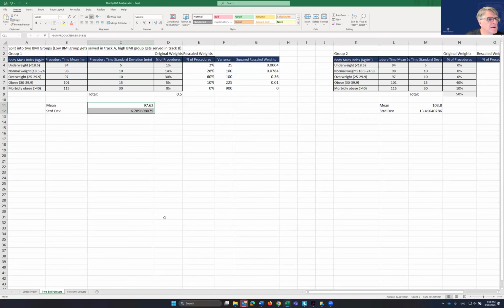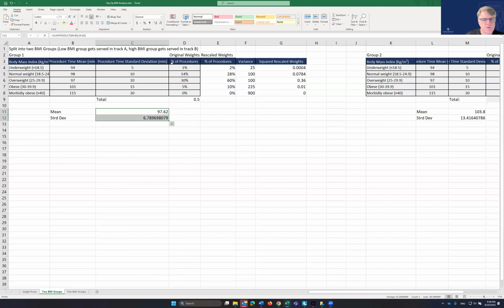analyzed here as well. So the idea is this: if I were to take 50% of the patient count, starting from underweight, going up to normal weight, you can see that I'm going to have to take even some obese into track B, 5% to be precise, because that's what gets me 50%. If I add these up, 1, 14, 35, I get to 50%.